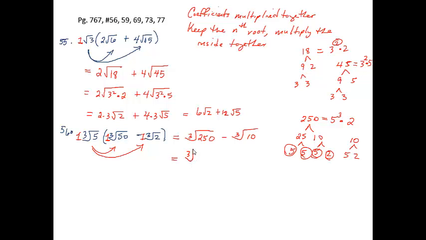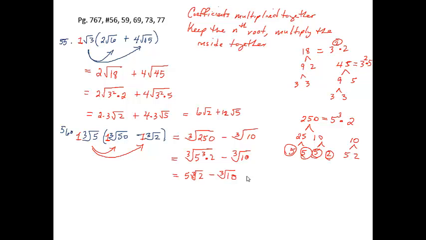But this becomes the cube root of 5 to the third power times 2 minus the cube root of 10. And then, of course, the third power cancels out with the cube, and the 5 comes on the outside, leaving the 2 on the inside. And this one, we cannot change. So your final answer is 5 times the cube root of 2 minus the cube root of 10.